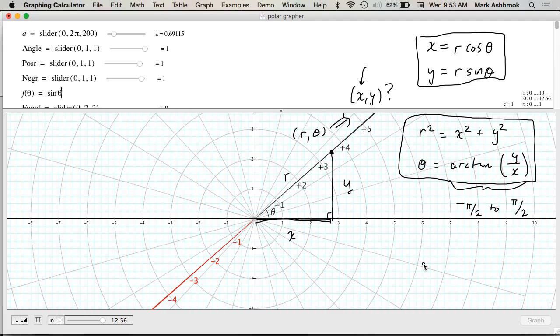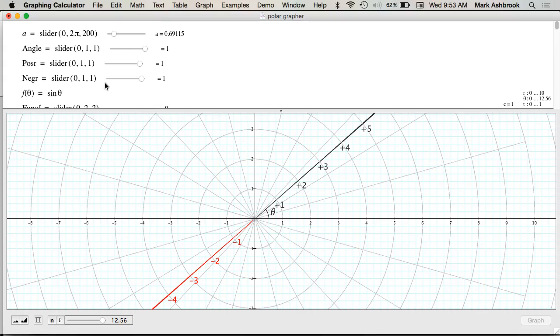Okay, so last time we were using polar coordinates to graph r equals 2 sine theta. So let's go back to that one. And you remember what we did. Just as a quick recap, we graphed it in rectangular coordinates, putting theta on the horizontal axis and r on the vertical axis.